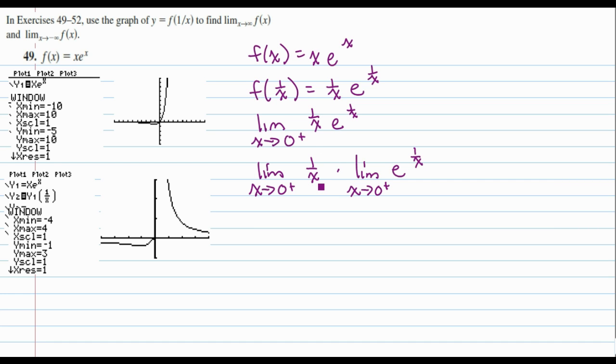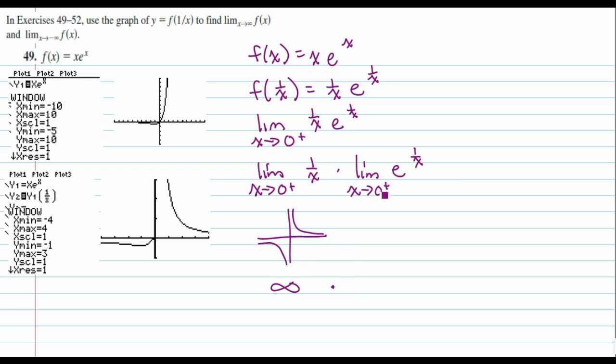Well, 1 over x, as x becomes really close to 0, so if I'm taking 1 and dividing by a really tiny number, I'm going to get infinity. Also, graphically, you know the graph of 1 over x, its limit as x approaches 0 from the right is positive infinity.